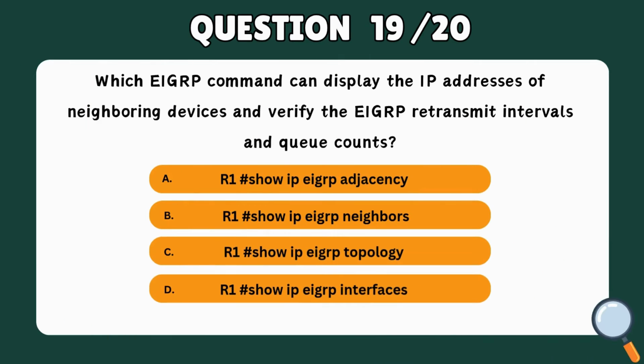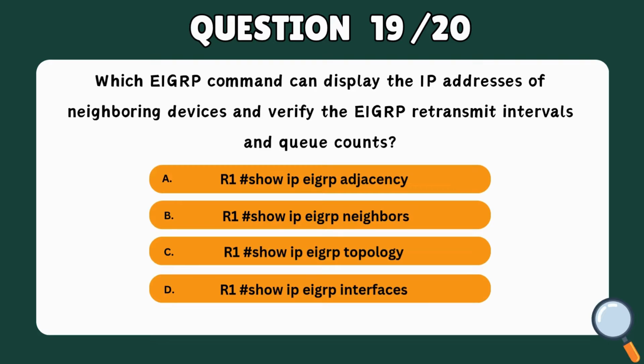Question 19. Which EIGRP command can display the IP addresses of neighboring devices and verify the EIGRP retransmit intervals and queue counts? A. R1# show ip eigrp adjacency. B. R1# show ip eigrp neighbors.